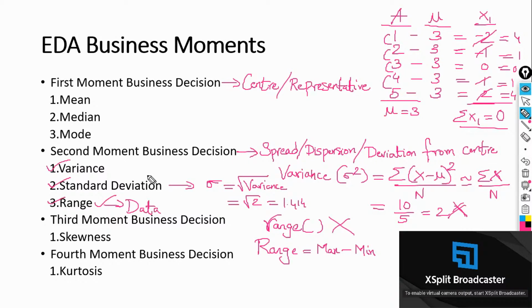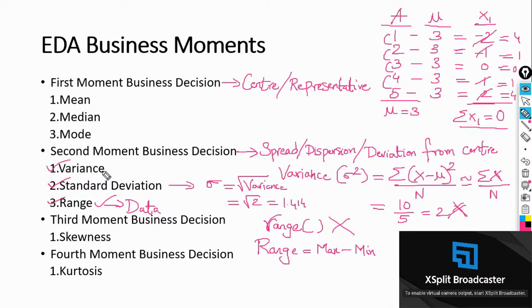So as part of second moment, I'm repeating one more time. Second moment business decision measures spread or dispersion or deviation from center. So as part of second moment business decision, we generally measure variance, standard deviation, and range.